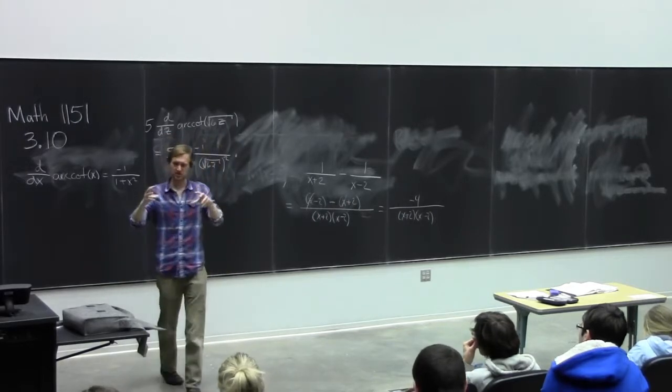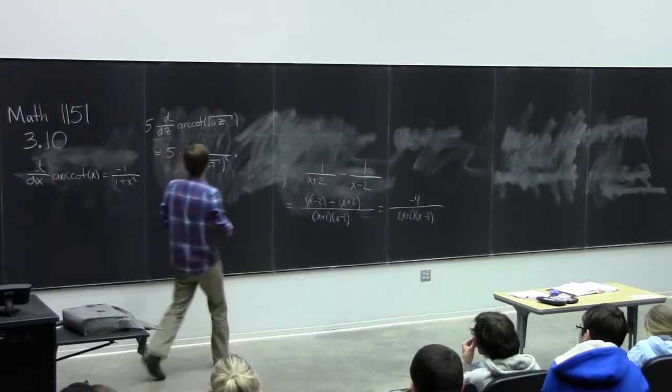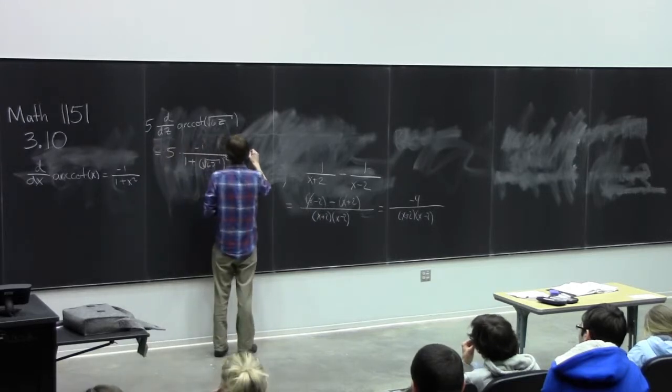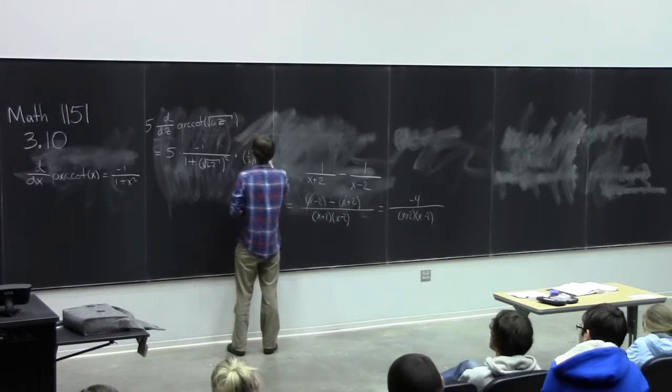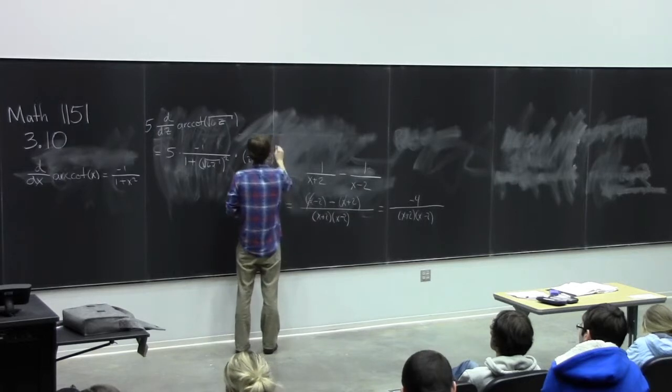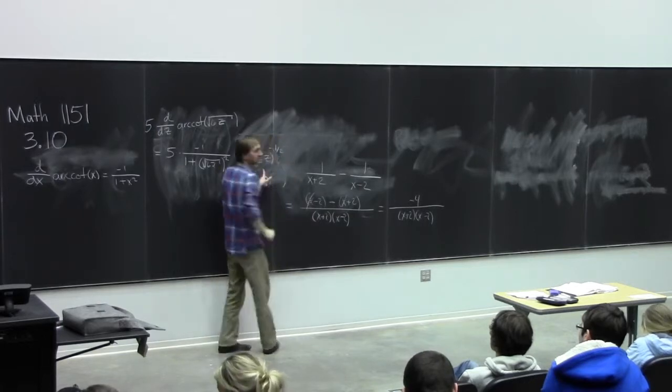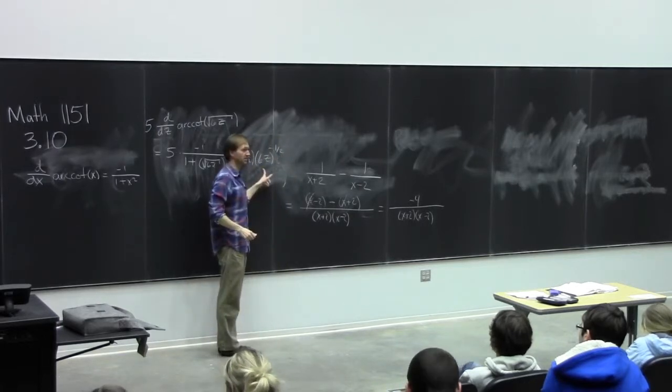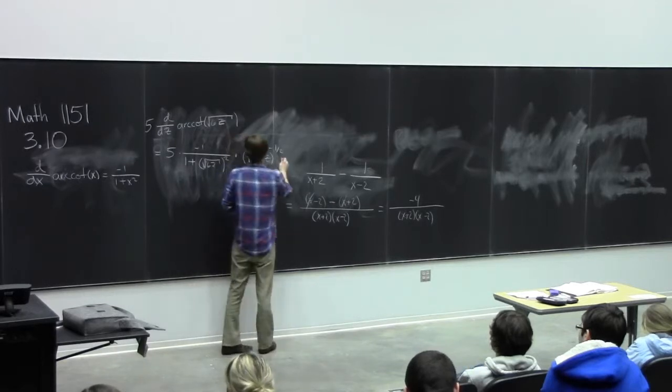The inside is square root of 6z, so that's going to be 1/2 times 6z to the minus 1/2, times the derivative of the inside one more time, the 6.